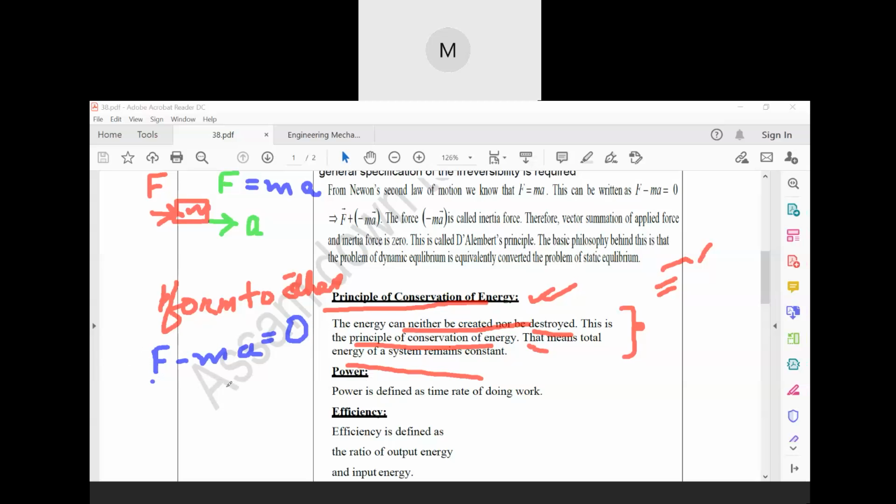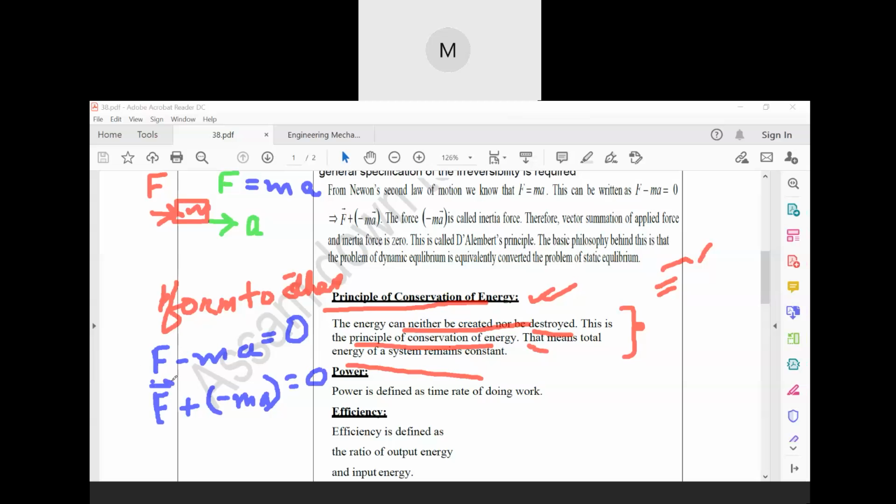F minus ma can be written like this now: F plus (minus ma). Yes or no? So this comes out to be what?